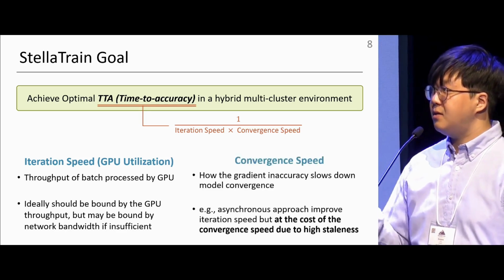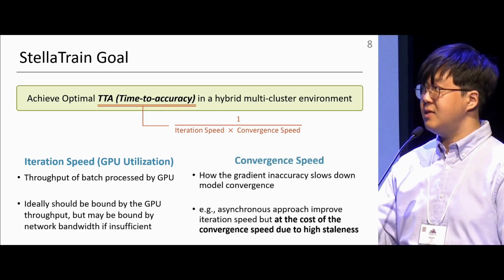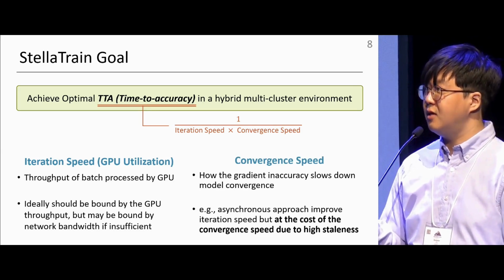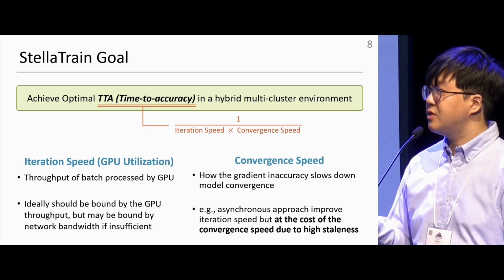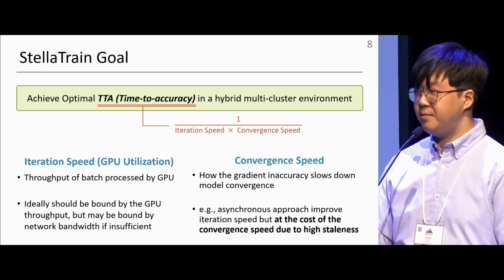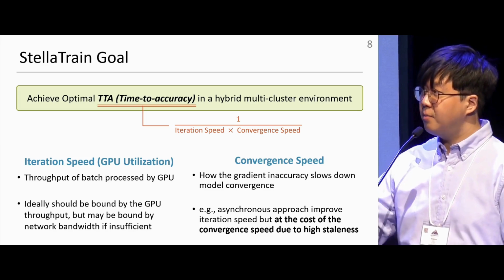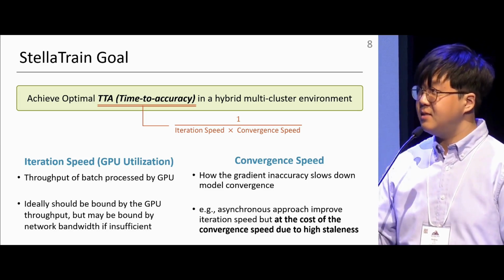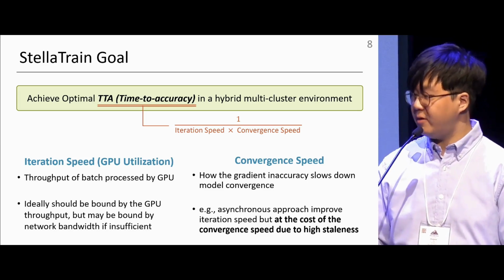And convergence speed is a factor that shows how gradient inaccuracy slows down the model convergence. For example, an asynchronous approach can improve the iteration speed, but at the cost of the convergence speed due to high staleness. So balancing these two speeds to optimize TTA is the essence of our design goal.